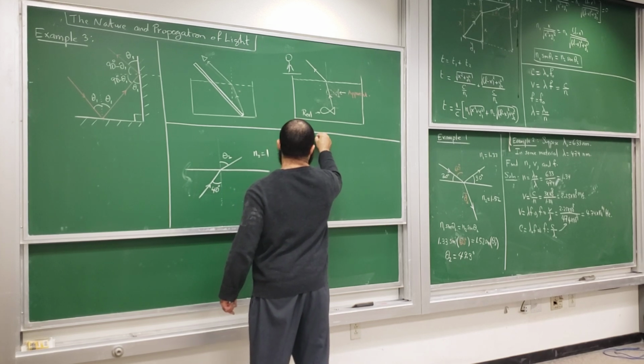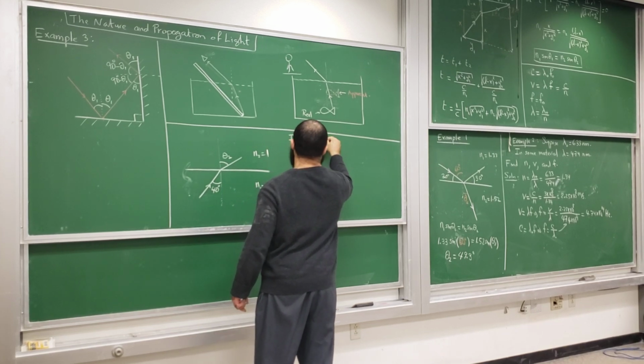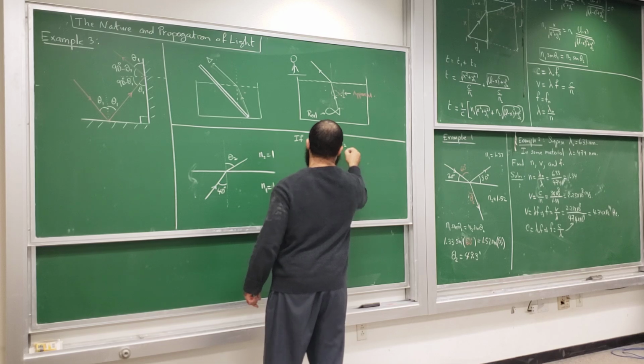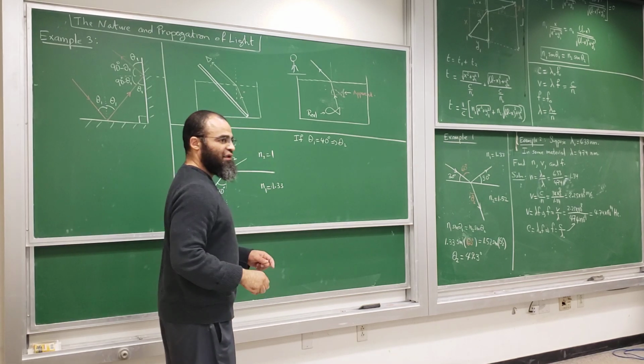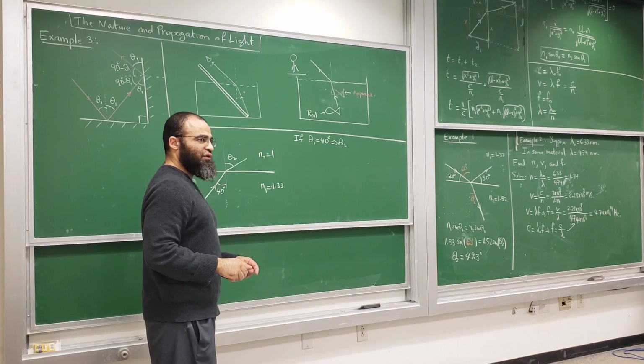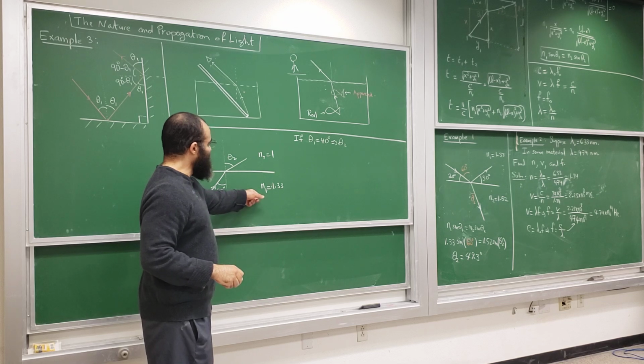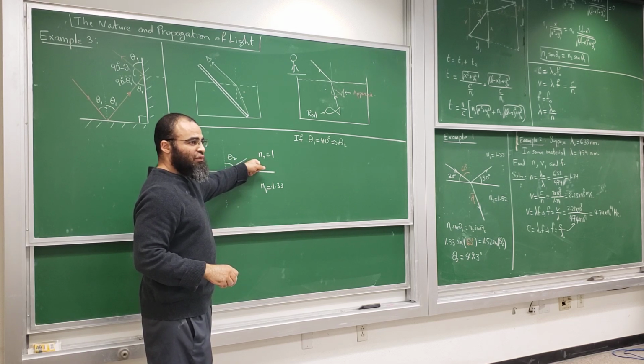If theta 1 is equal to 40 degrees, then for theta 2 you will use Snell's law, right? N1 sine theta 1 equals N2 sine theta 2. N1 is 1.33, N2 is 1.